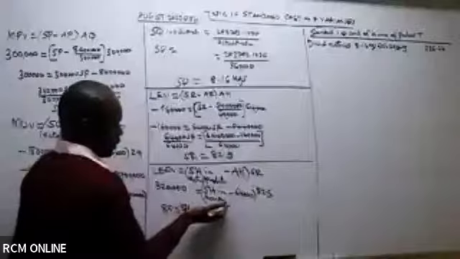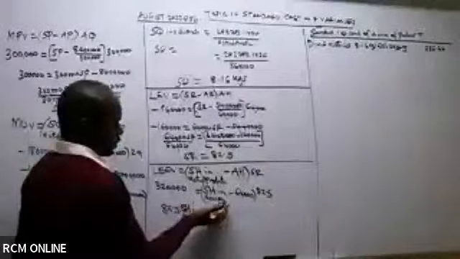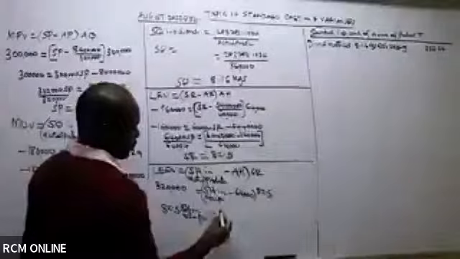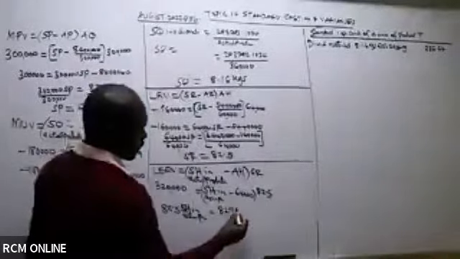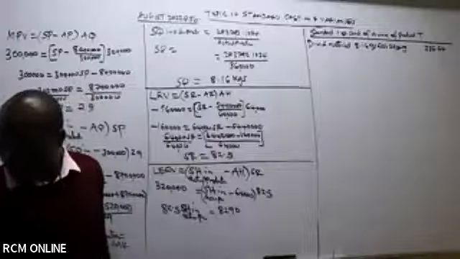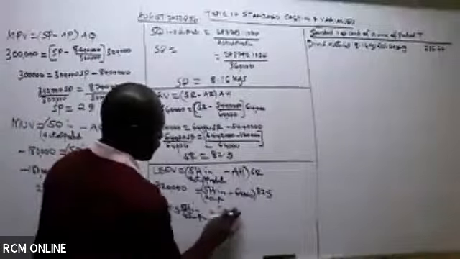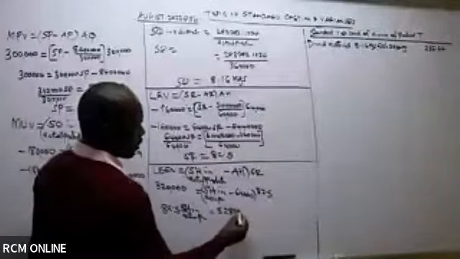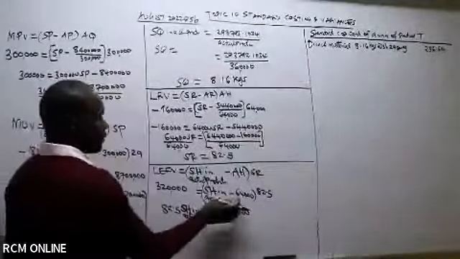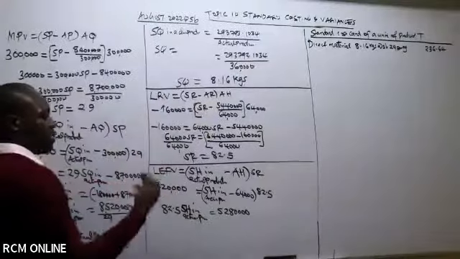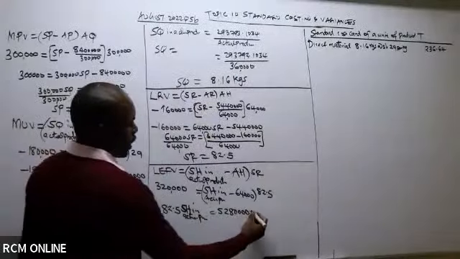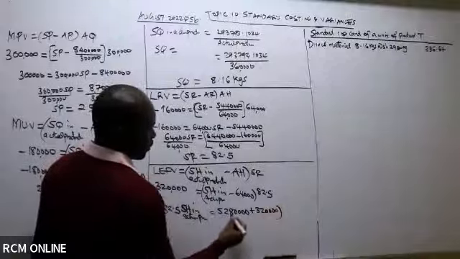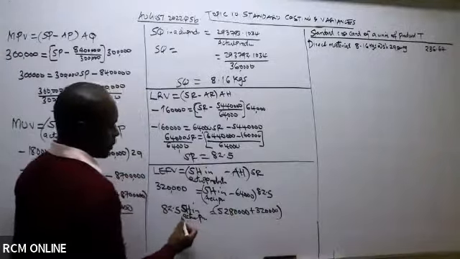So after taking the brackets, we have 5,280,000. It is a negative. If it crosses the equal sign, it will be a plus. And of course, we have positive 320,000. So if you break this one here, you'll be able to give us the answer.